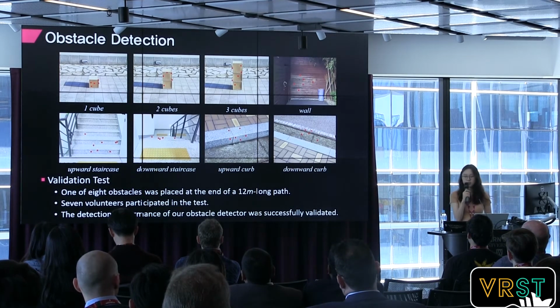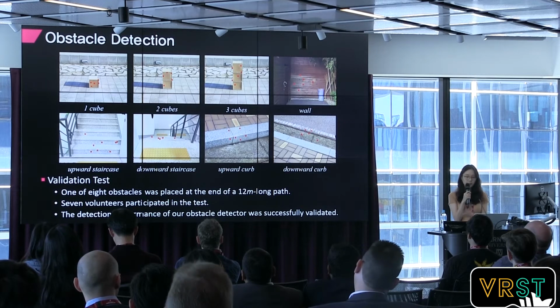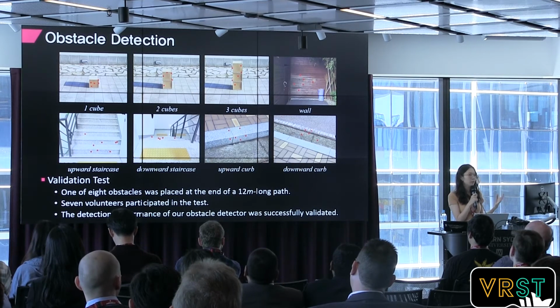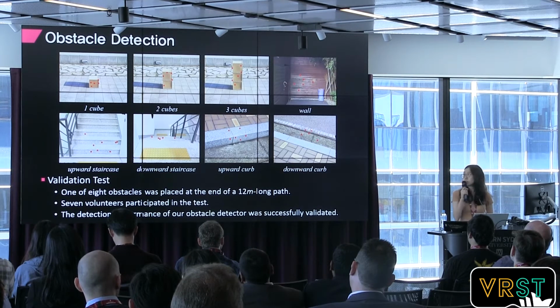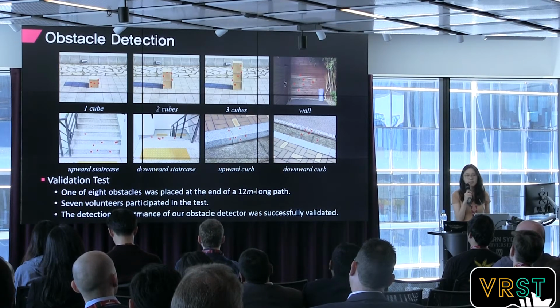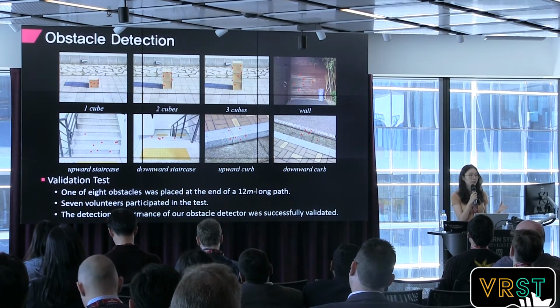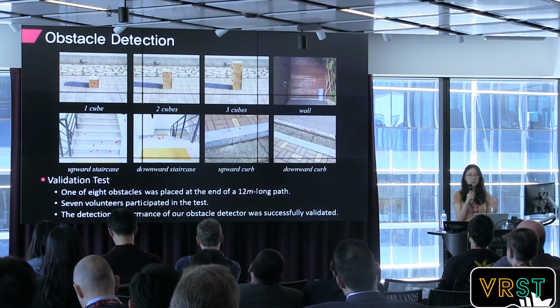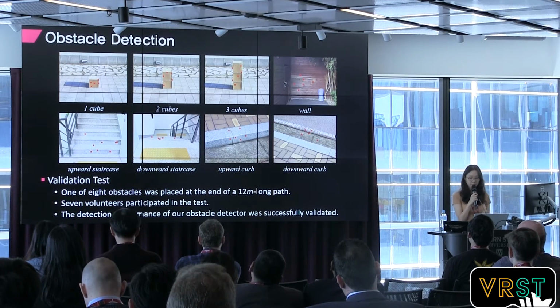Now, we conducted a validation test with the 8 daily obstacles shown: a cube, cubes stacked in 2 and 3, a wall, and upward and downward staircases and curbs. One of the 8 obstacles was placed at the end of a 12-meter long path, and 7 volunteers were instructed to walk down that path while using our obstacle detector.